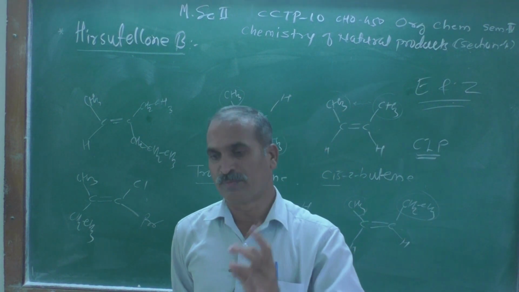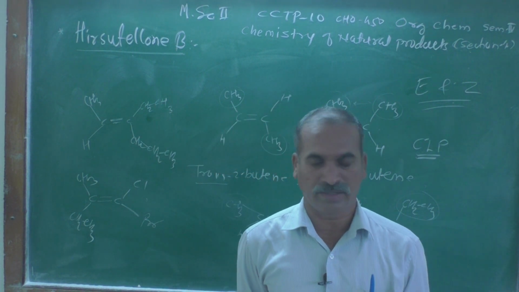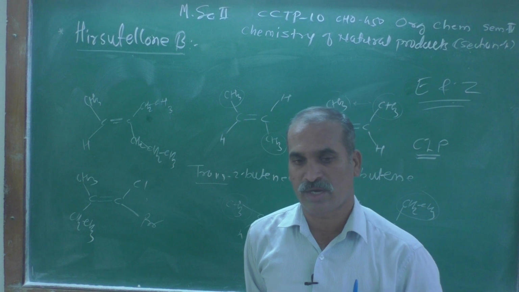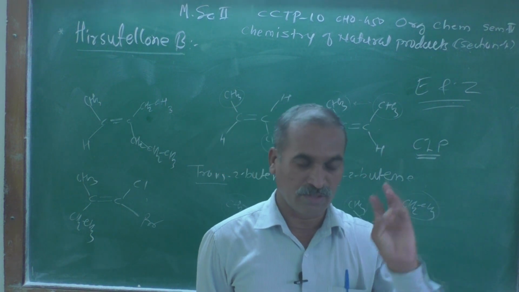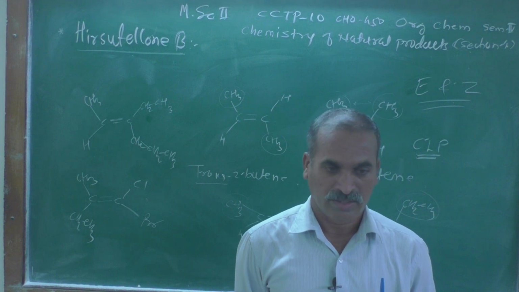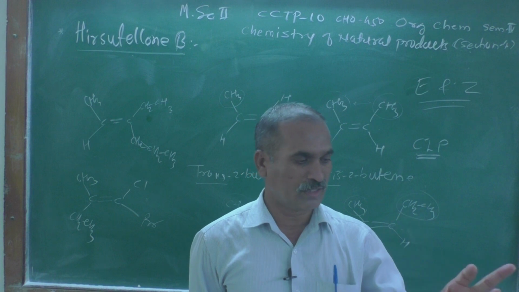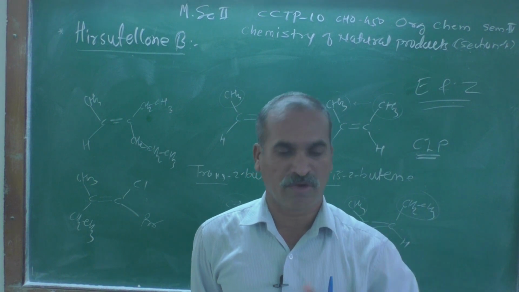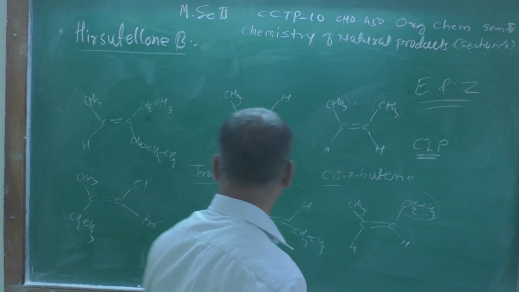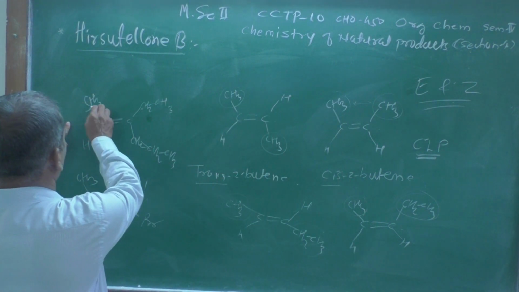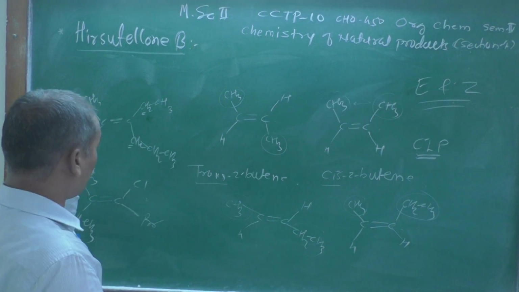Those groups attached to the carbon atom, according to their atomic number, those having the highest atomic number will get the first priority. Then later on, second, if the connectivity of that atom is the same, suppose carbon and carbon, here also carbon, here also carbon, so how do you find them?